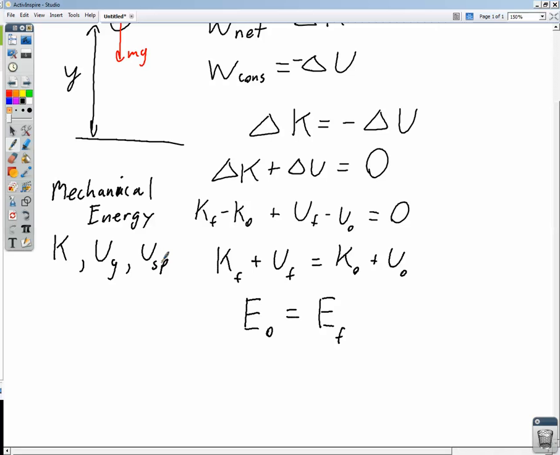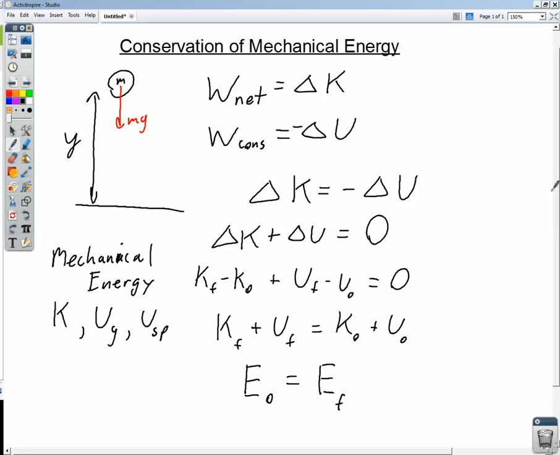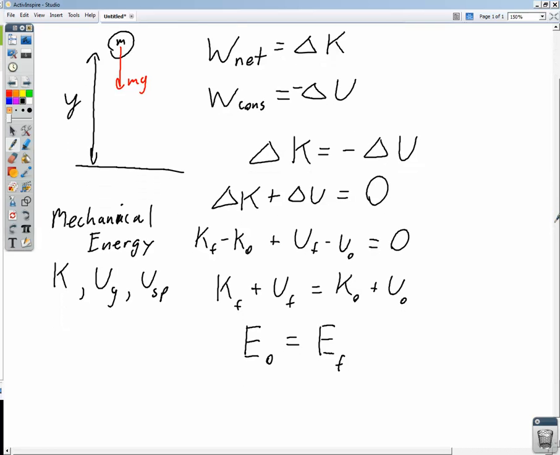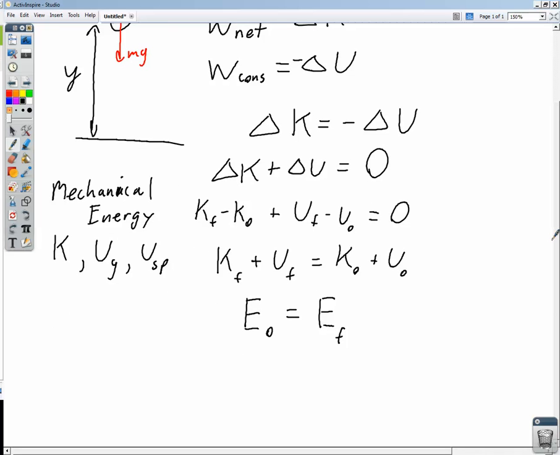And we showed that here because the only force acting on the object is gravity, and gravity is conservative, as we talked about in the last class. So since only conservative forces are acting, then we can say that mechanical energy is conserved. So the kinetic energy plus the gravitational potential energy plus the spring potential energy at any initial time is going to equal the kinetic energy plus the gravitational potential energy plus the spring potential energy at any final time.